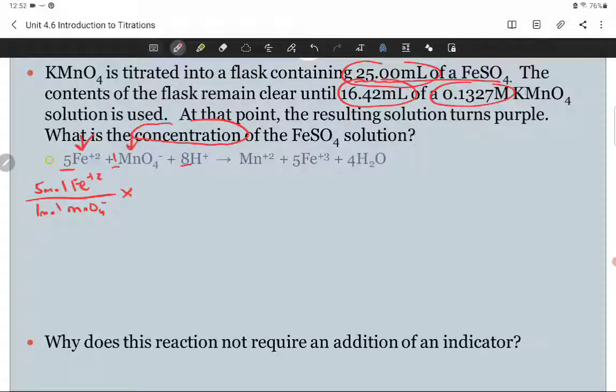And then the molarity of potassium permanganate was given. Permanganate and potassium permanganate are going to have the same molarity because it's a 1-to-1 ratio.